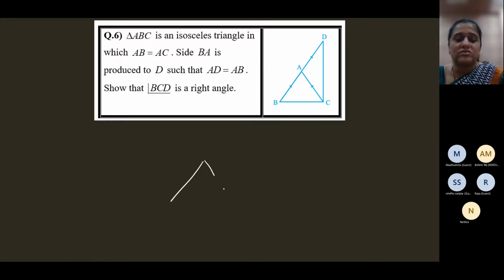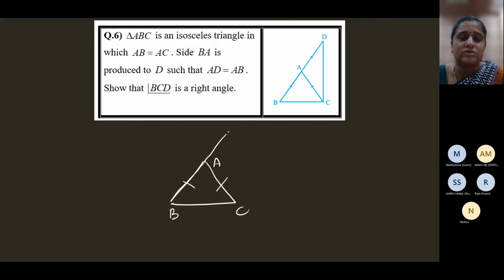So, isosceles triangle ABC with AB equal to AC. Then side BA: this is B, this is A. BA is produced to a point D such that AD is equal to AB. So whatever this length AB is, supposing it is 4 centimeters, then it's produced to D such that AD is also 4 centimeters.